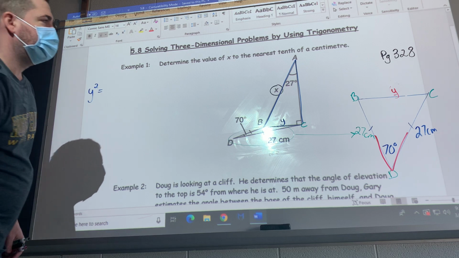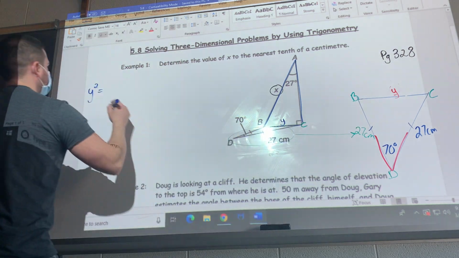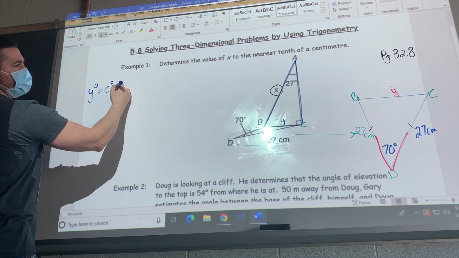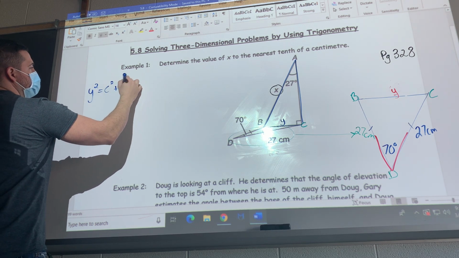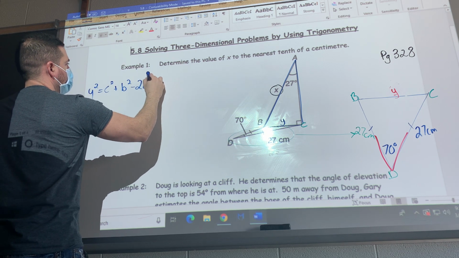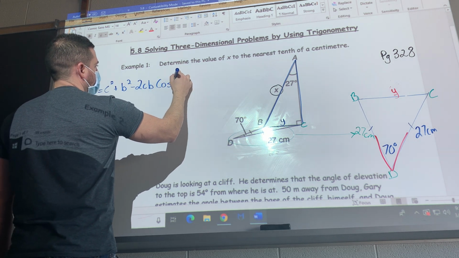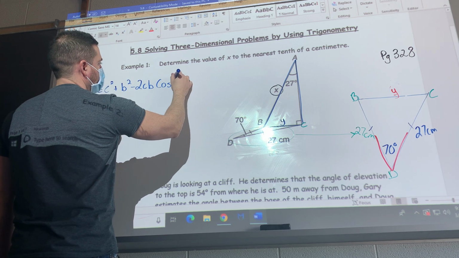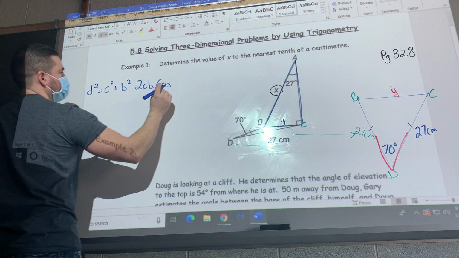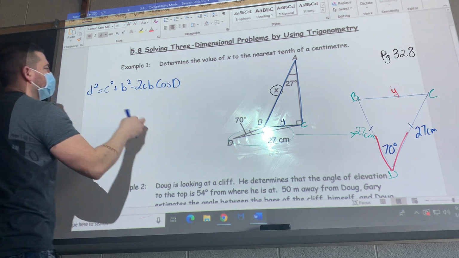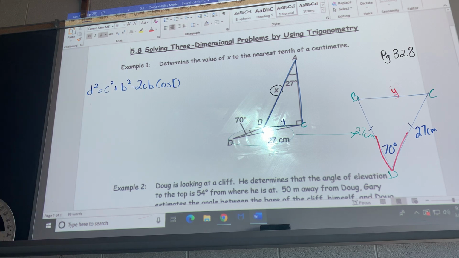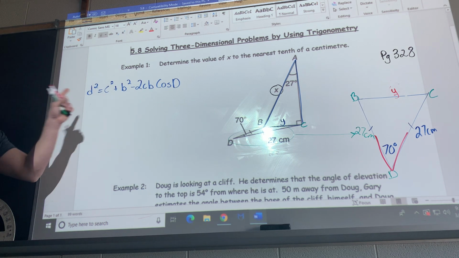Then we have c squared plus b squared minus 2cb cos of y. Well, actually, I should call it d. It doesn't matter which you put, C or B, first. It's not alphabetical for mine, but it wouldn't matter.